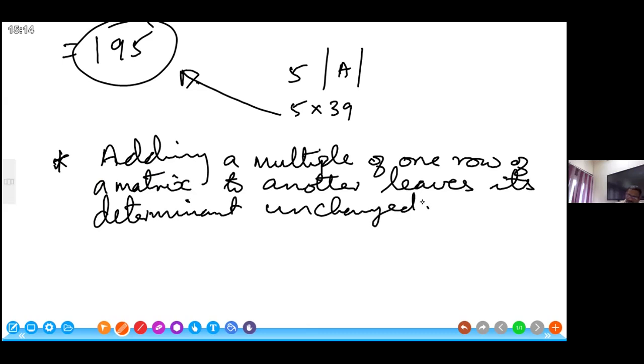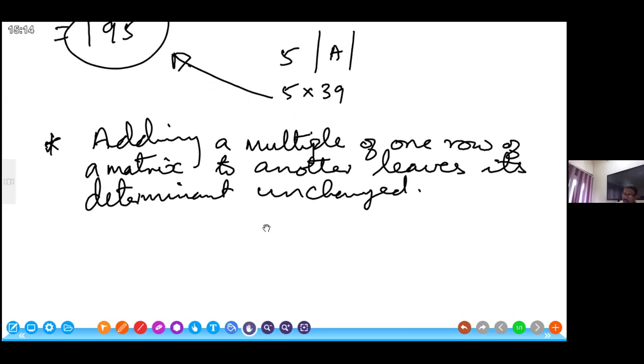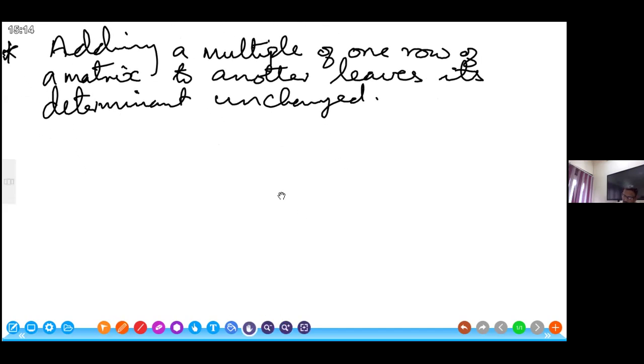So adding a multiple of one row of a matrix to another leaves its determinant unchanged. It could be either for rows or columns, right?